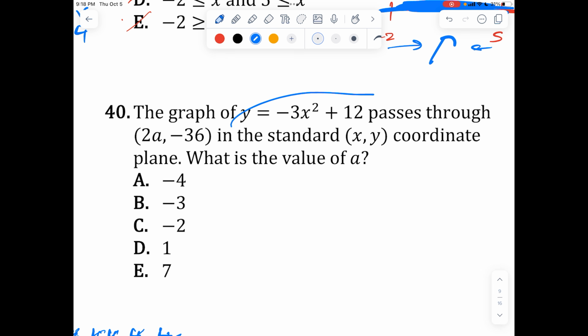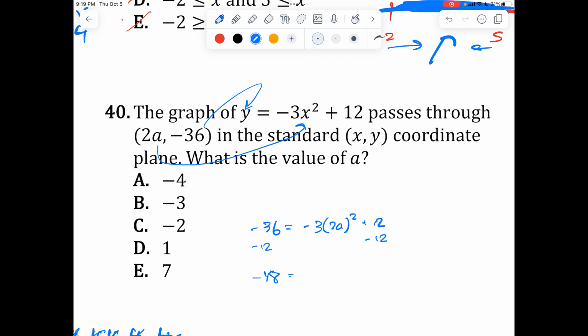The graph of y equals this passes through this point in the coordinate plane. What is the value of a? What you can do is plug in the y value for y and the x value for x. And you end up with negative 36 equals negative 3 times 2a squared plus 12. There's only one unknown, so just solve for it. Subtract 12 on both sides: negative 48 equals negative 3 times 4a squared.